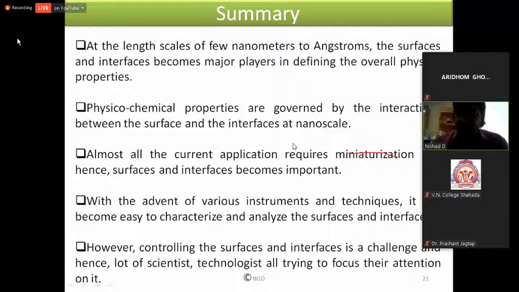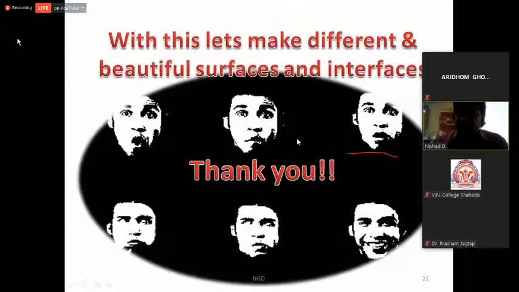So lastly, you can see that we can make a lot of different and beautiful surfaces and interfaces. So our face itself is a very good research topic to study.